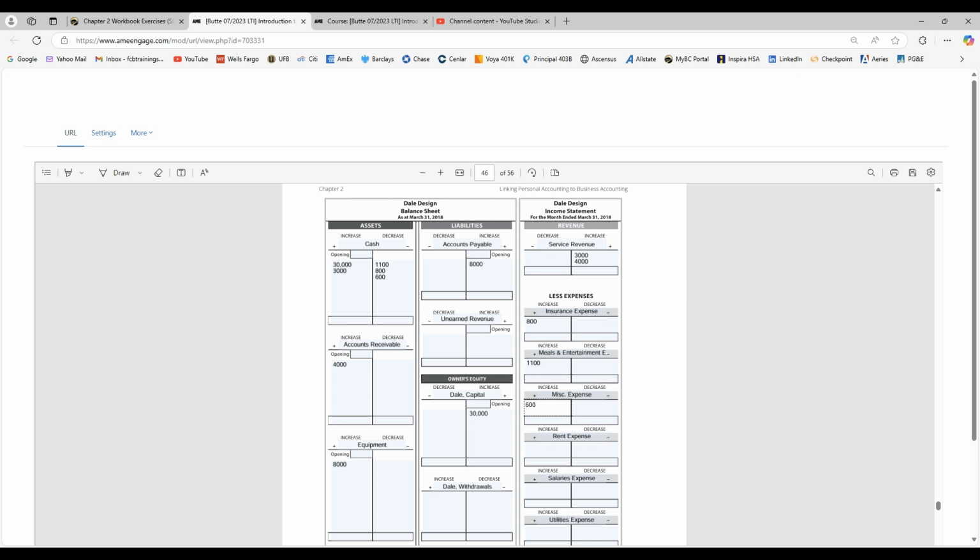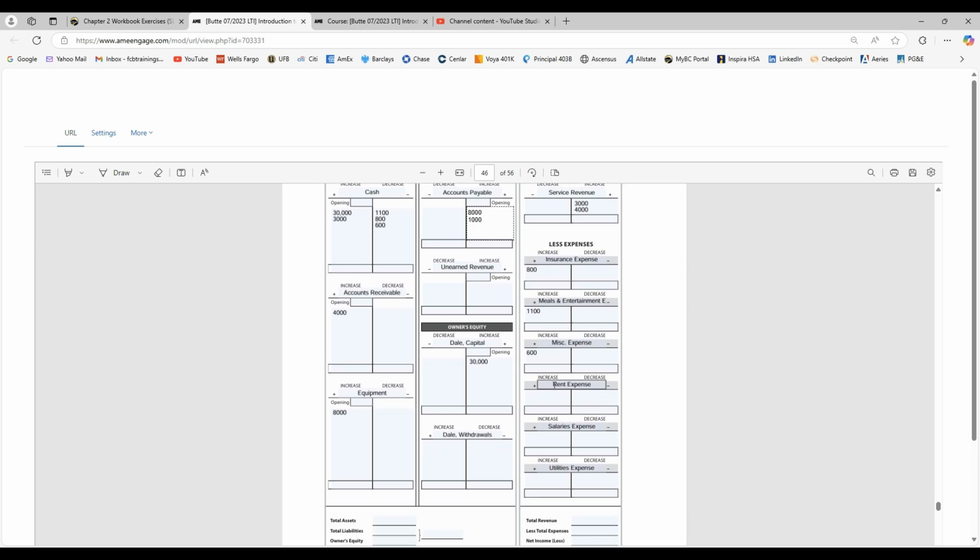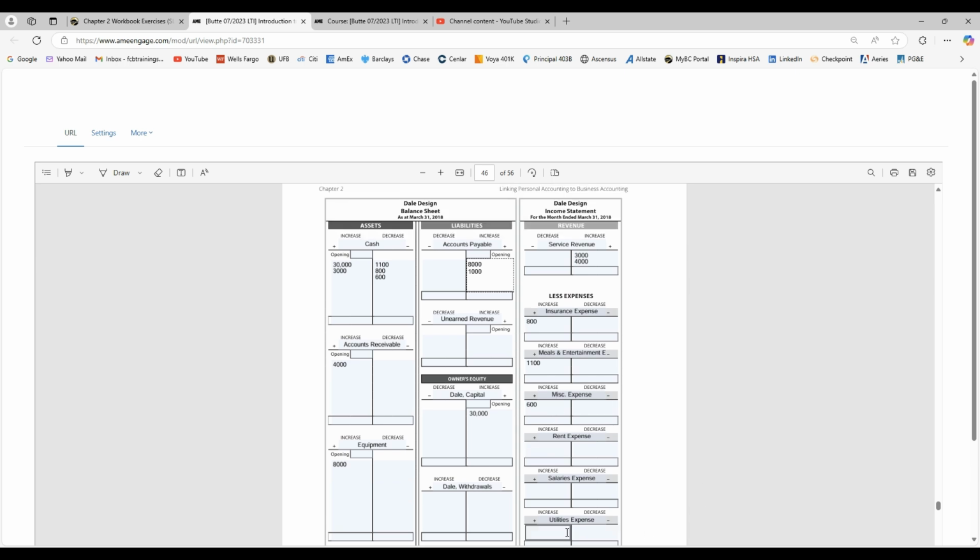Received a utilities bill of $1,000 to be paid next month. So we got our bill, but we're not going to pay it now, so cash won't be affected, but instead accounts payable will increase to represent that we are going to pay that utilities bill in the future.